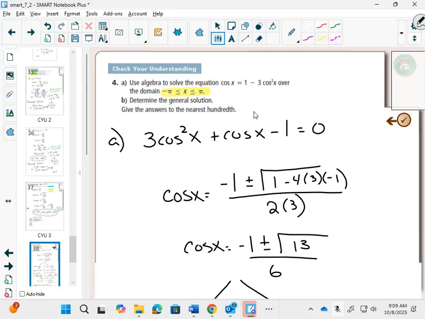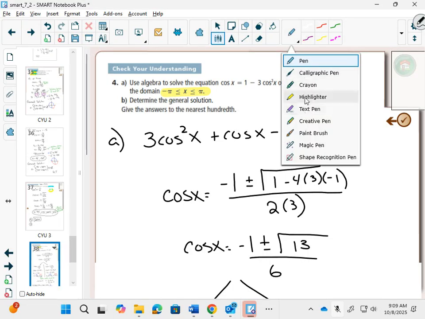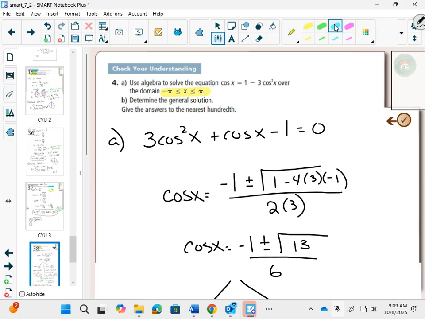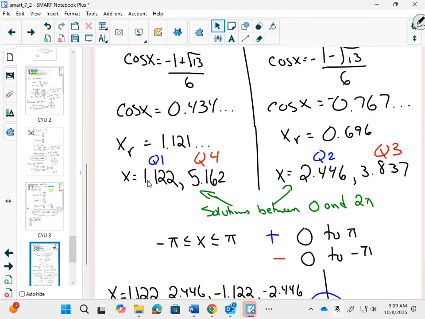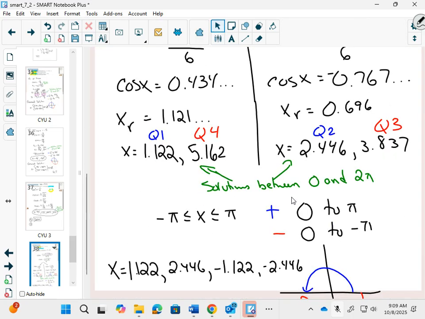Part B says, determine the general solution. Oh, and then I just read this. Really? So, do I need this extra 2? No. This one will make this 2.45.